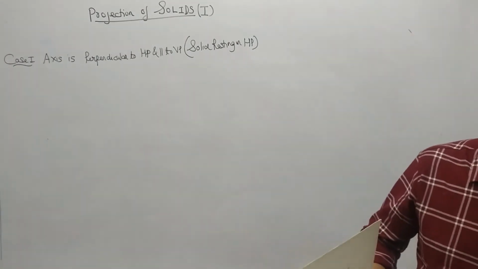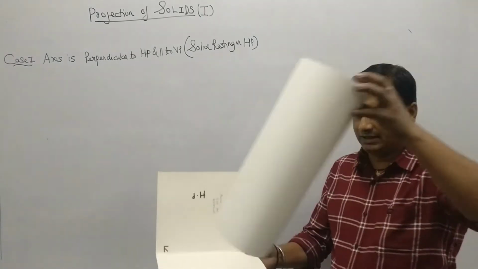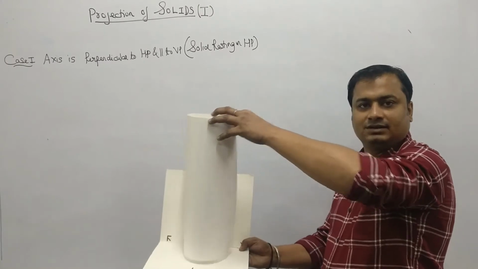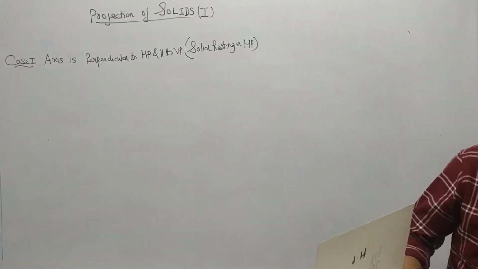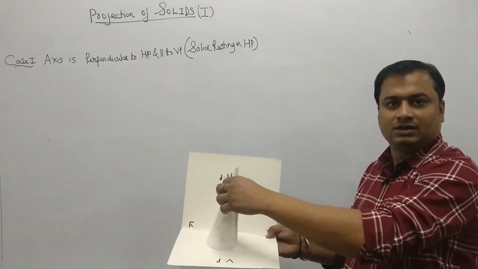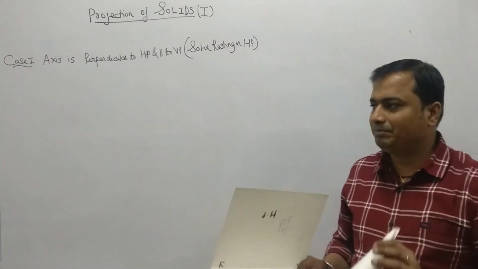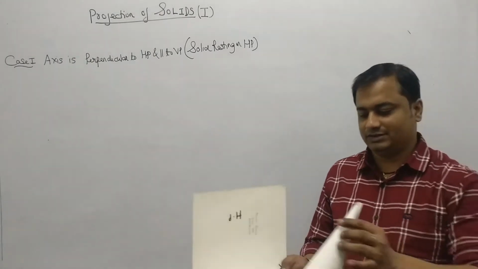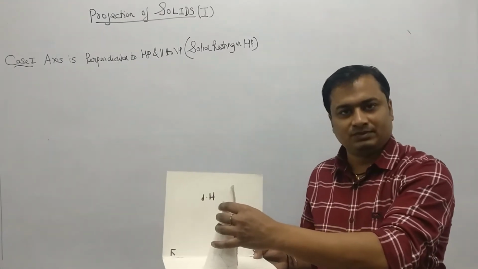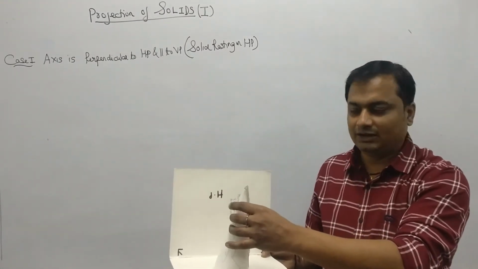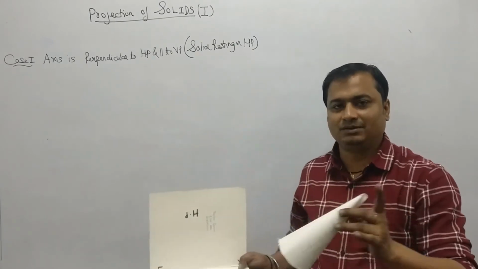Similarly, the cylinder is resting like this. Your cone is resting like this. That means when the axis is perpendicular to HP and parallel to VP, it simply means all the solids are resting on HP. सीधे रखे हुए हैं, standing on HP. Then only the axis will be perpendicular to HP and parallel to VP.